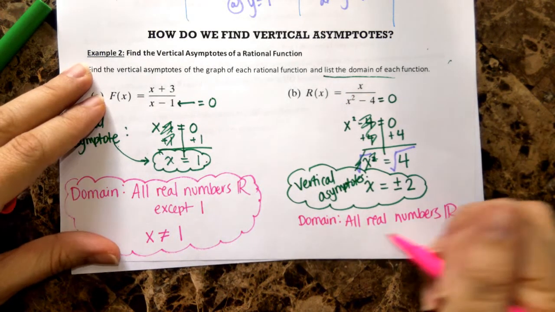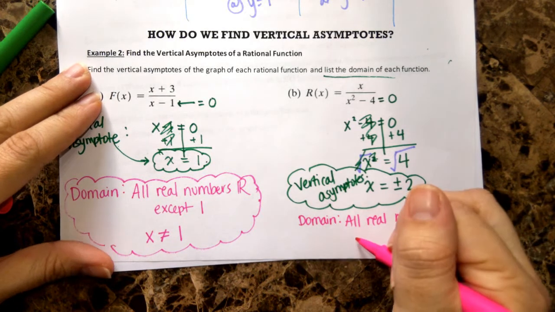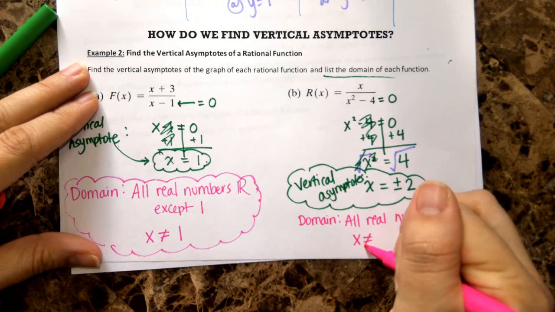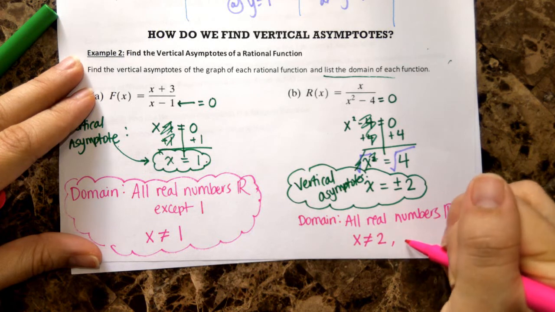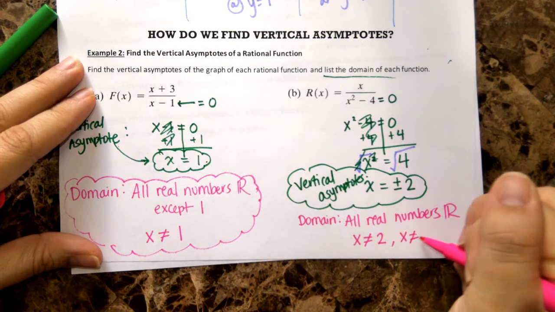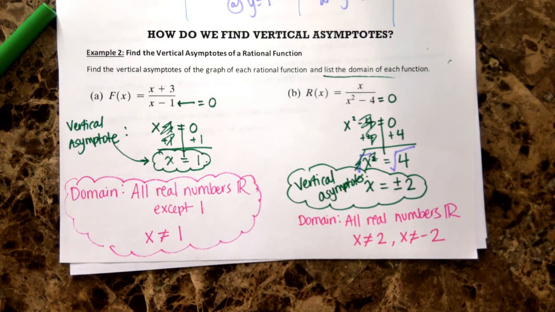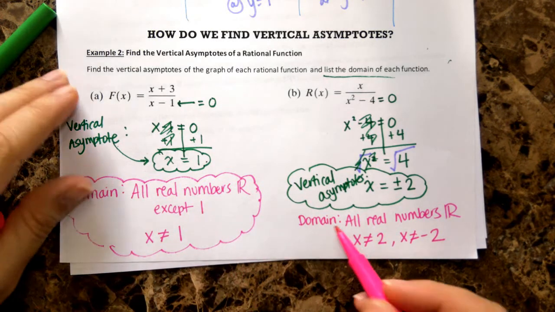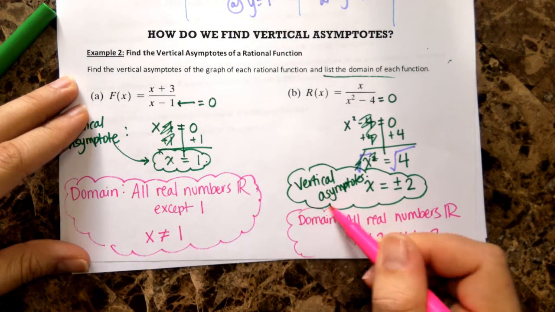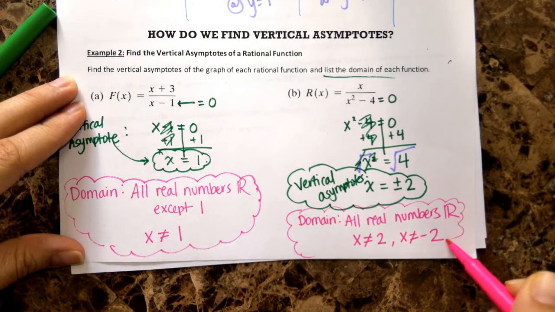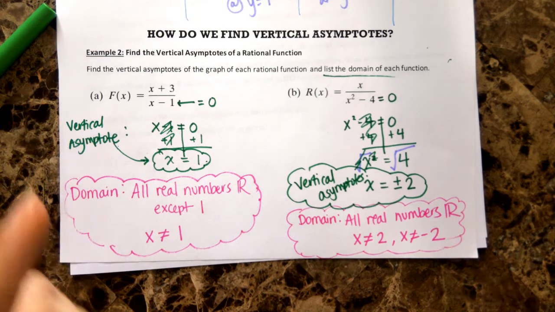So you could just write where x is not equal to 2 and where x is not equal to negative 2. You could also just write it out in words, but I'll write it like this because I think this is how your homework also asks you to type it in.